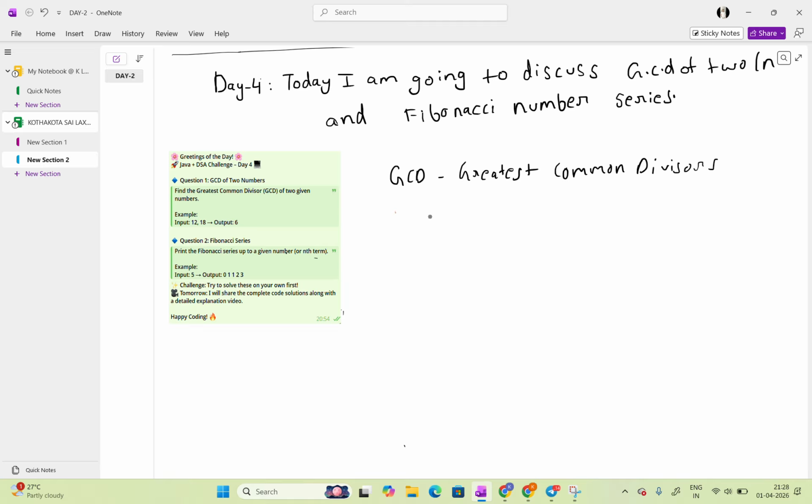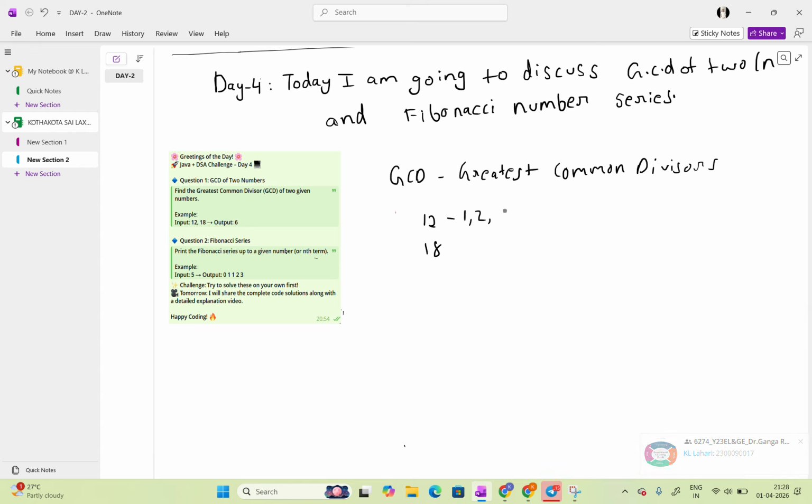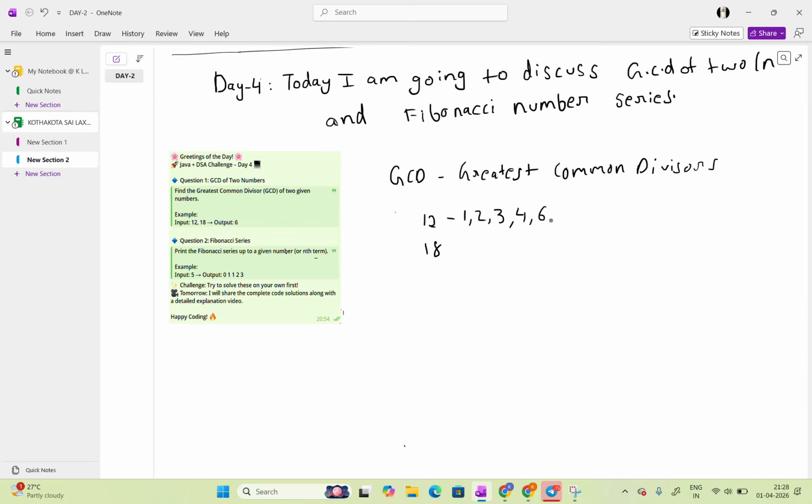Okay, firstly, let's write the factors of 12 followed by 18. So can we say what are the factors of 12? 1, 2, 3, I think 4 and 6, 12.